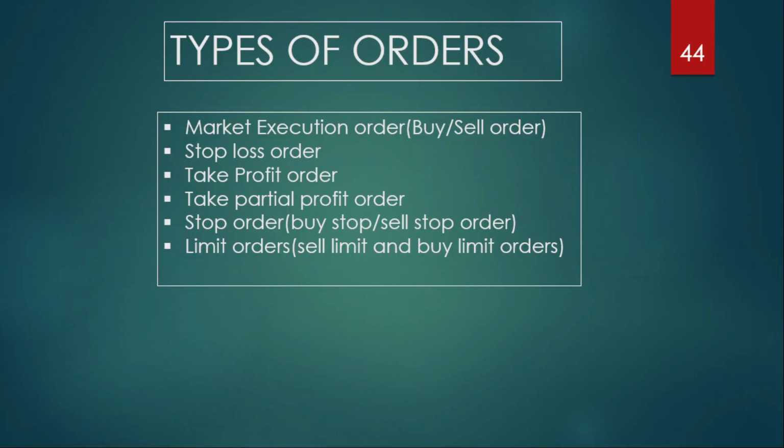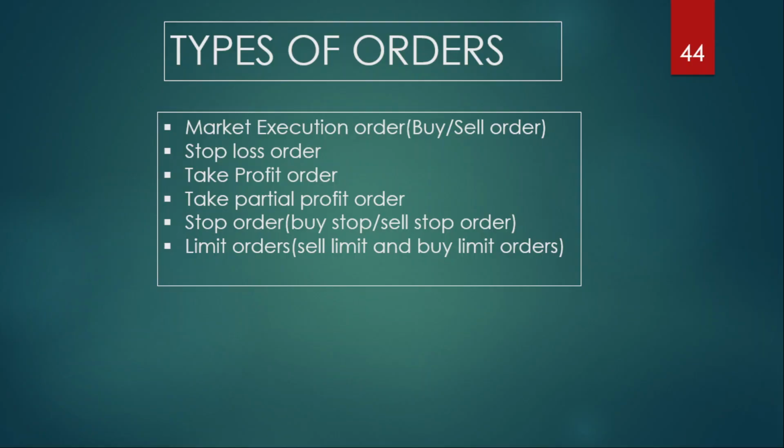Taking partials, let me put it in this way. Suppose you have executed an order on the basis of market execution, which is the order that is made in real time, on the basis of now. You have executed a buy order, the market goes in your favor, and you make profit with a lot size of 3, standard lot.